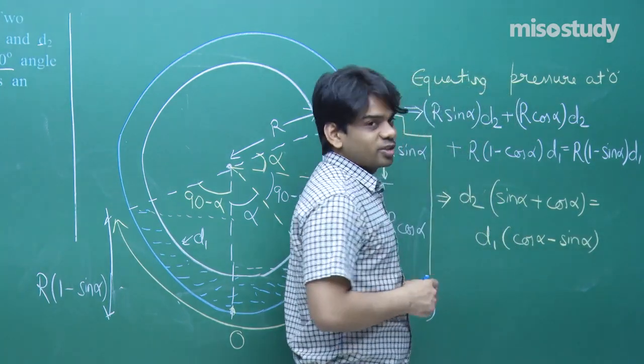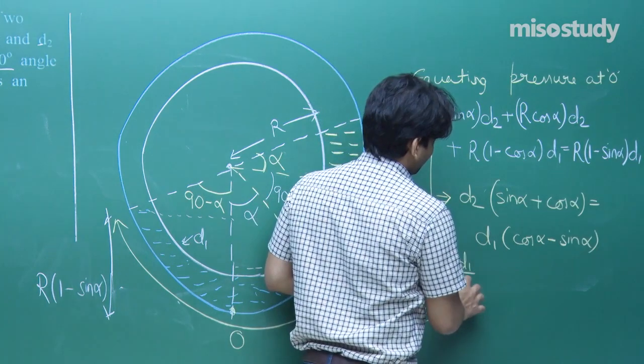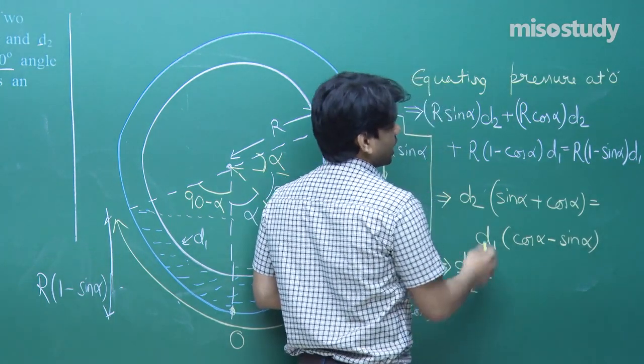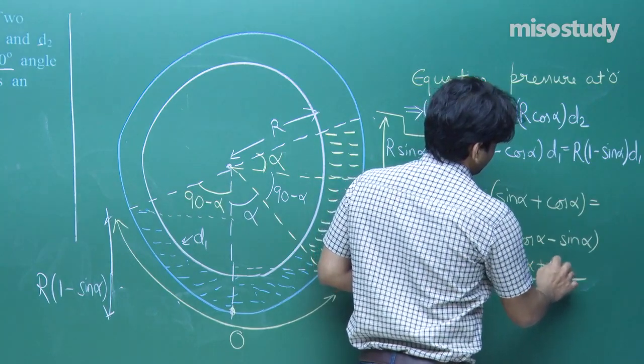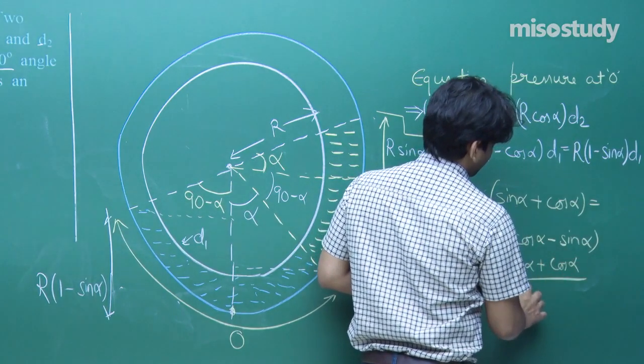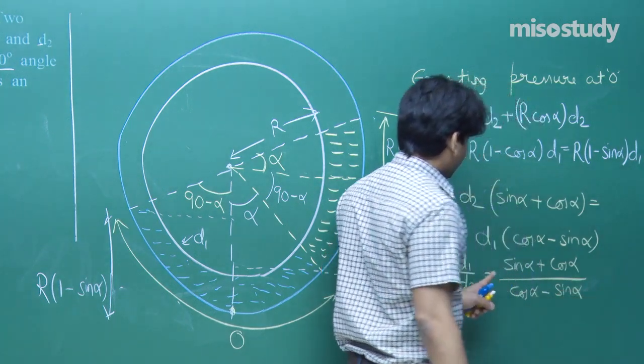We require the ratio of D1 by D2. So D1 by D2 will be equal to (sin α + cos α) upon (cos α − sin α). This is the ratio that we are getting for D1 by D2.